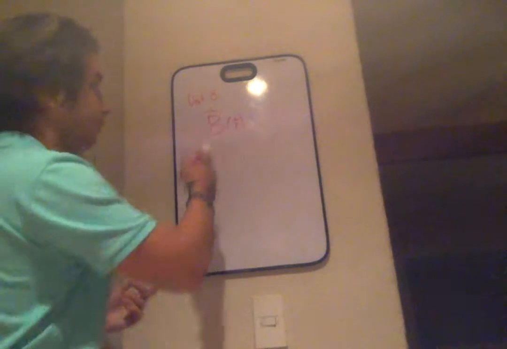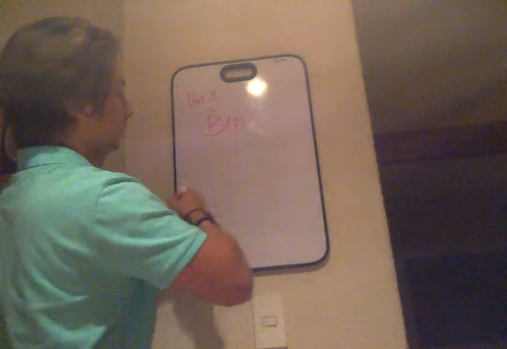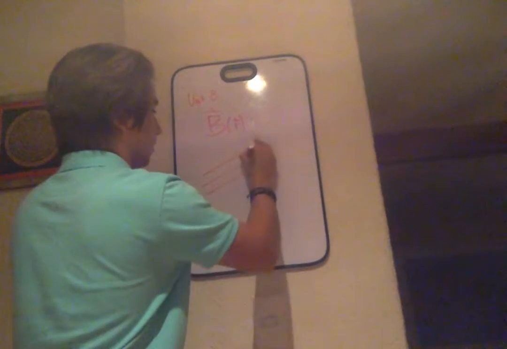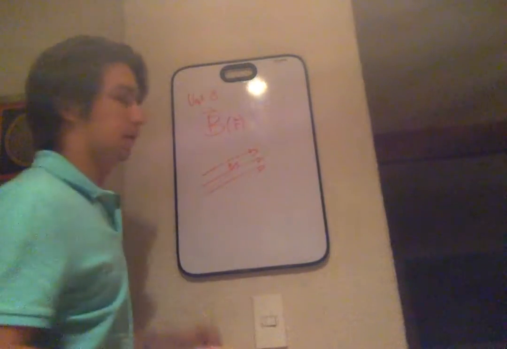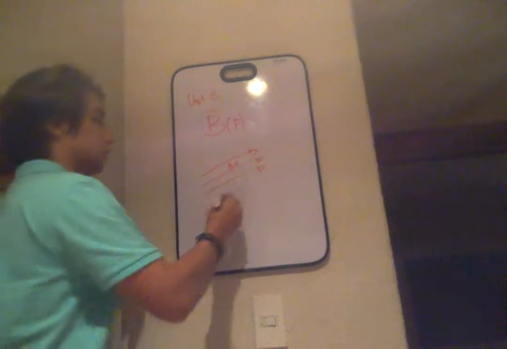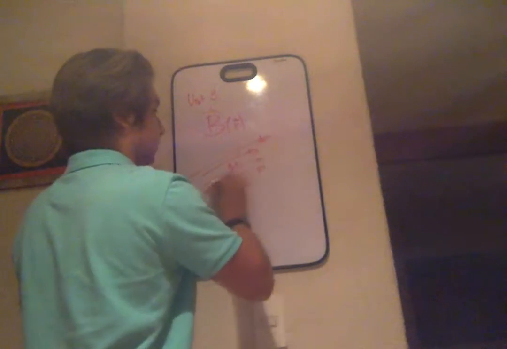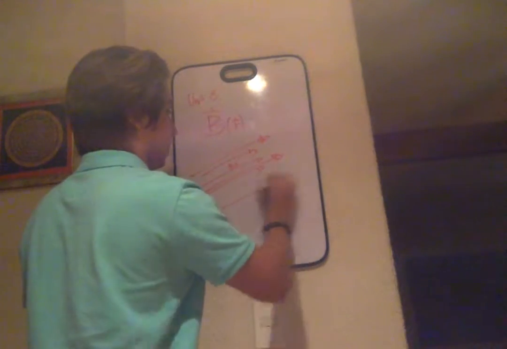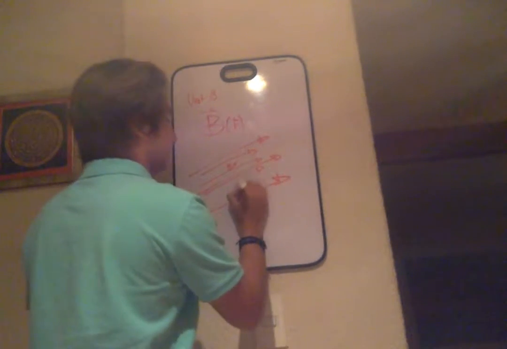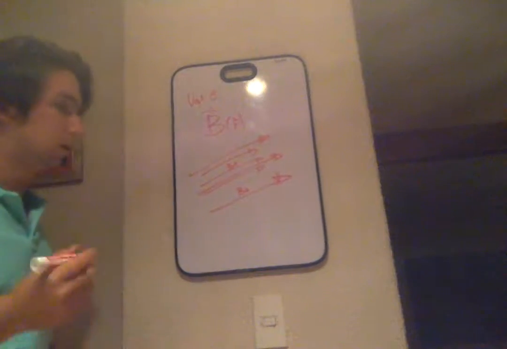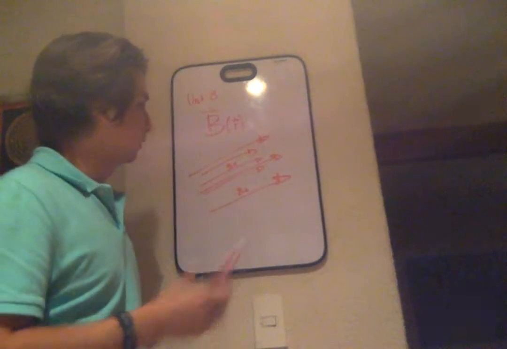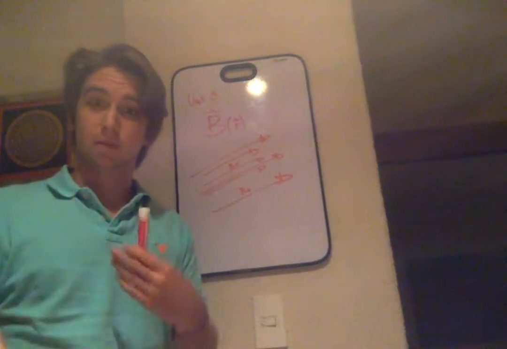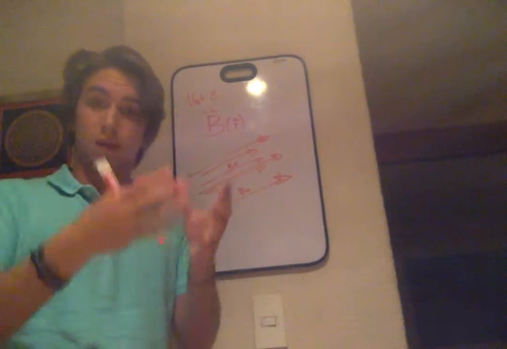If we have one existing like here, that's B1, and then we have another one, bigger, B2, how do we sum them, or how do we unite them?